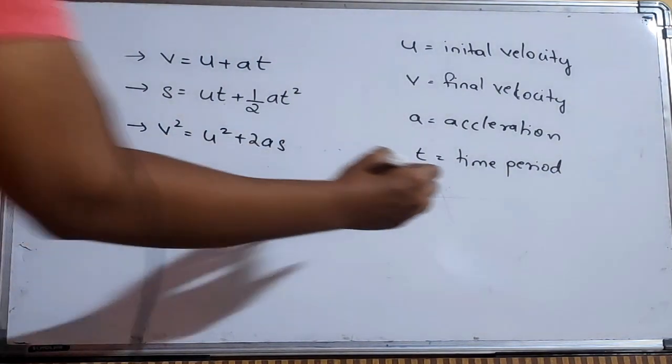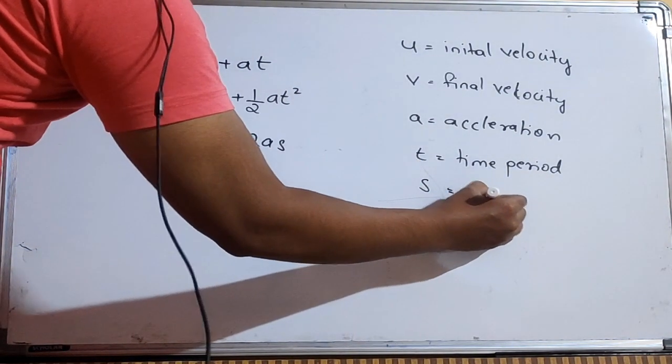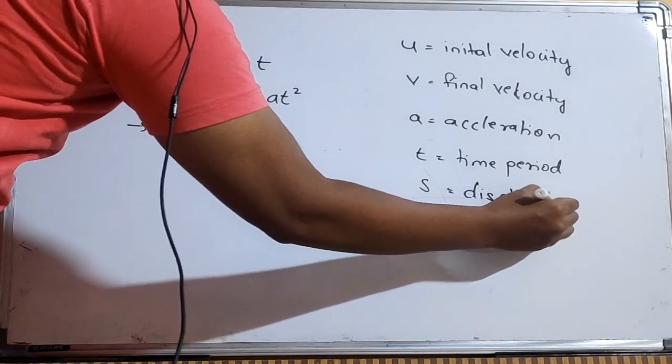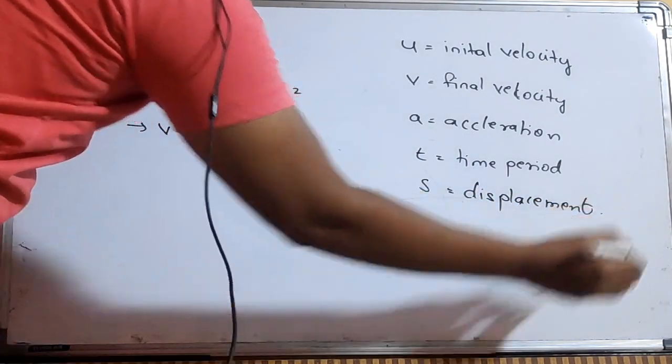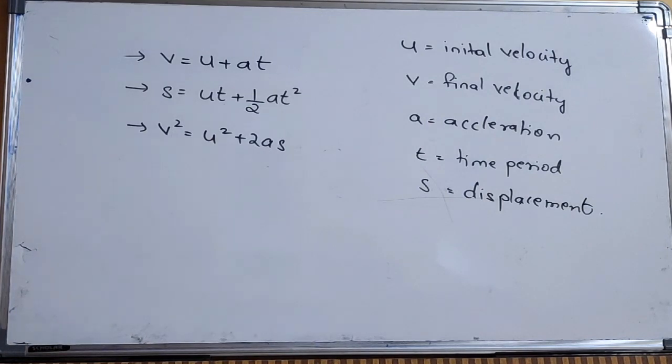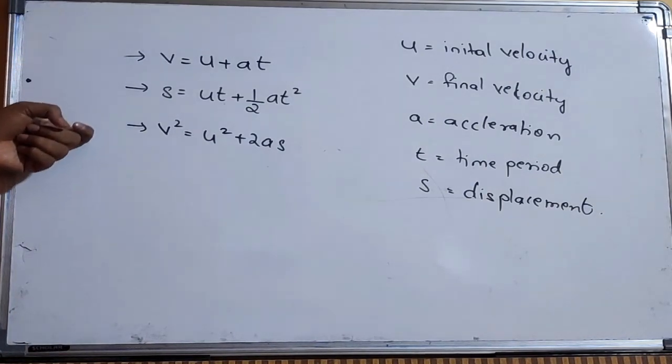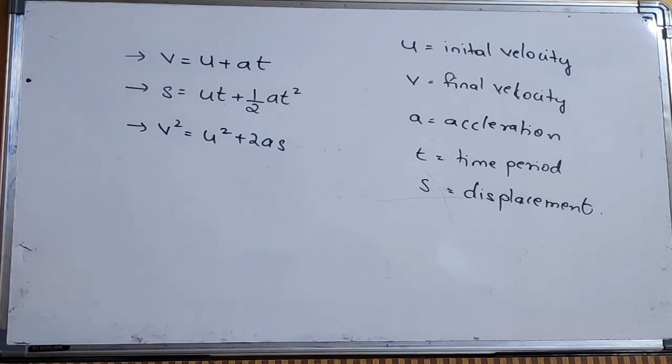And s represents displacement. So these are the three equations of motion given by Newton for an object traveling in a straight line.